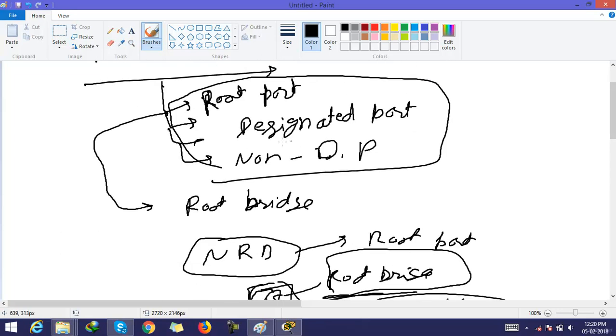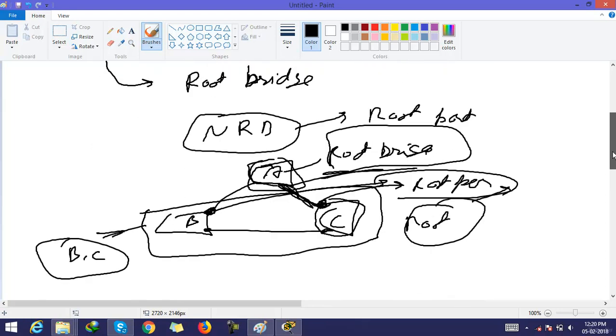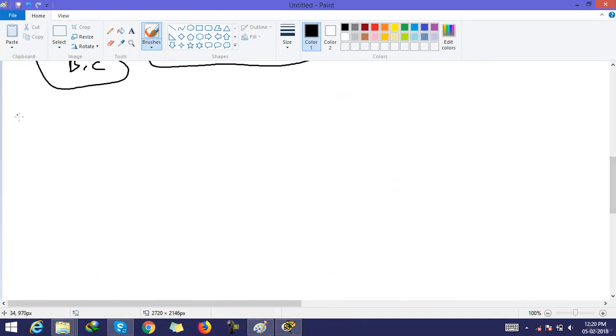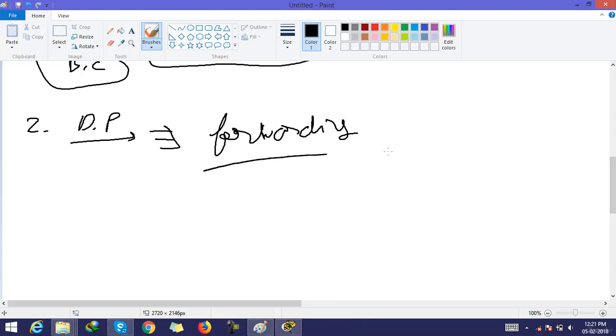The second one is designated port. It is also a forwarding port, just like the root port, but it helps forward data downstream towards the non-root bridges.